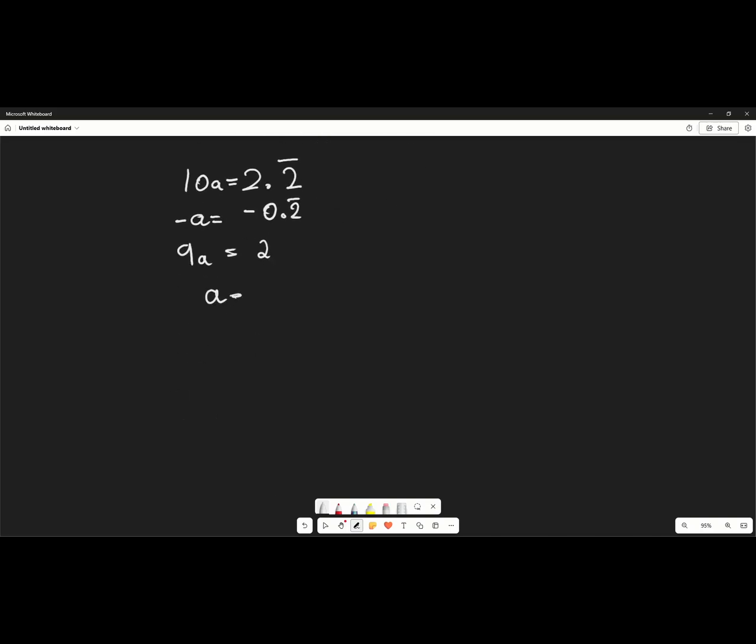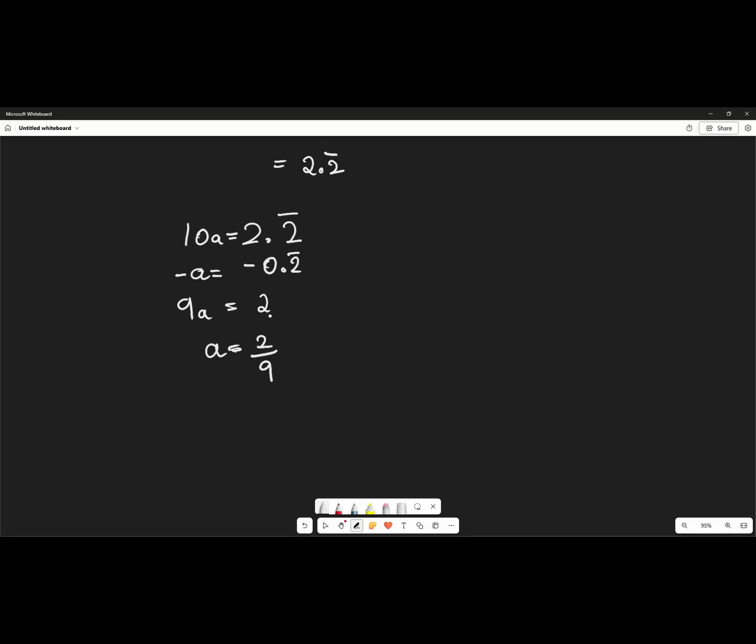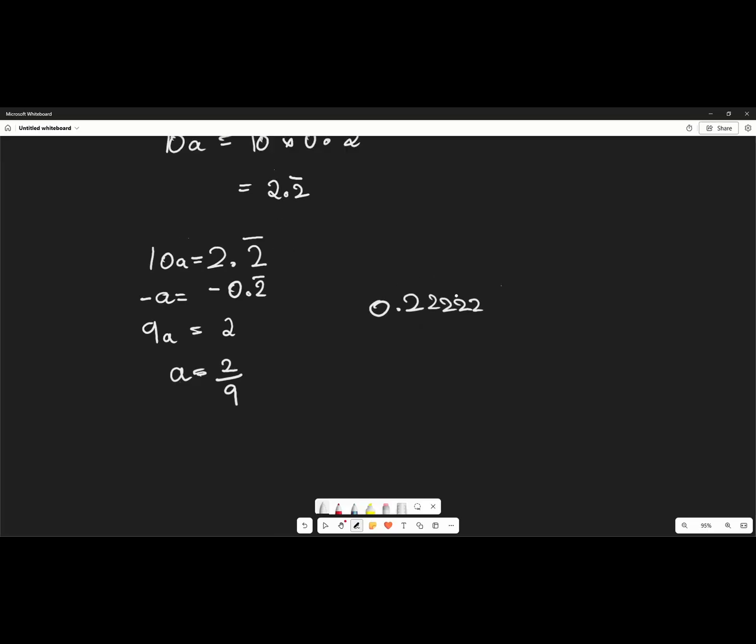So a is equal to 2 by 9. Simple. 2 by 9 will give you 2 infinitely.